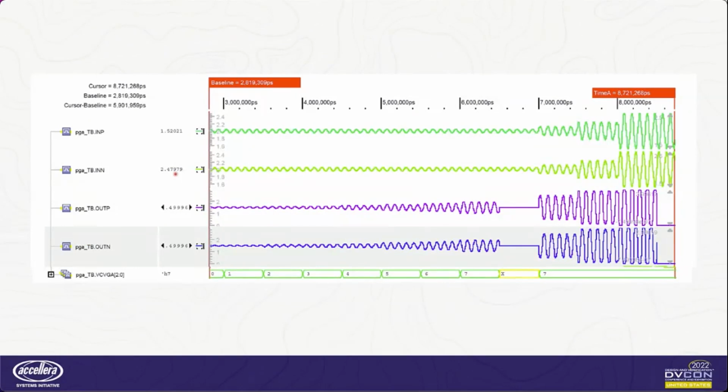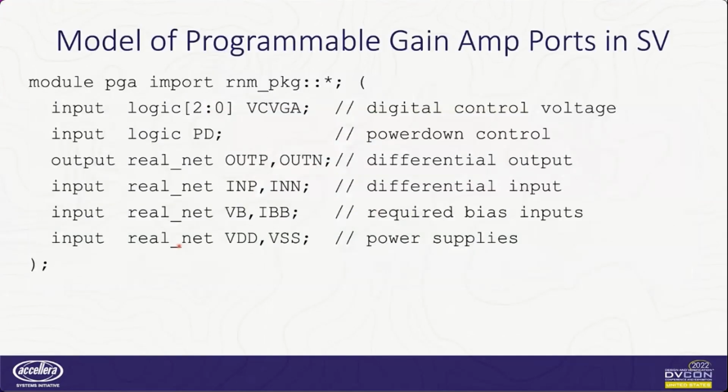And then our output is the input signal multiplied by some specific gain dependent on the VCVGA programming. That's a 3-bit value to specify how much gain is applied to the input to drive out onto the output.